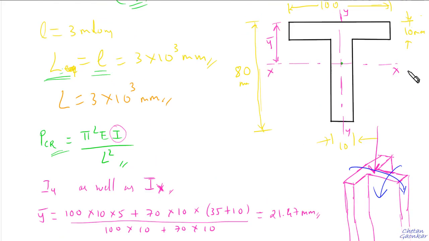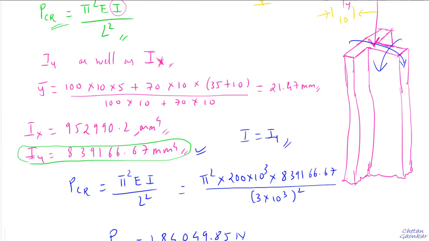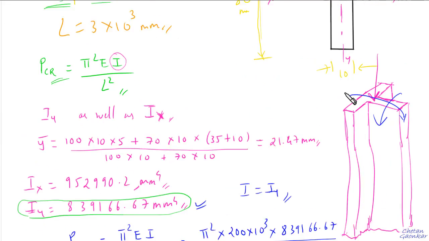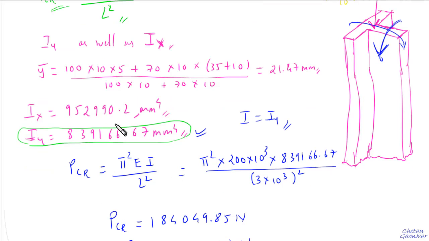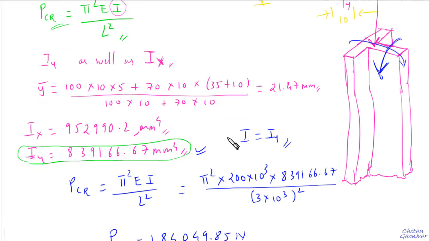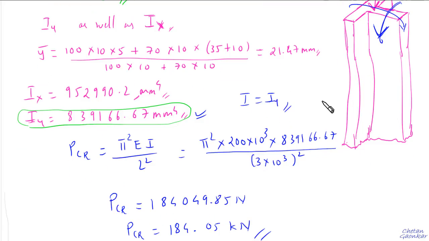Since we took the Iy value, which is very less, there are chances that it will buckle this side. So we took the Iy value and found the critical load. Since we designed it for the minimum I, it will definitely take care of Ix.